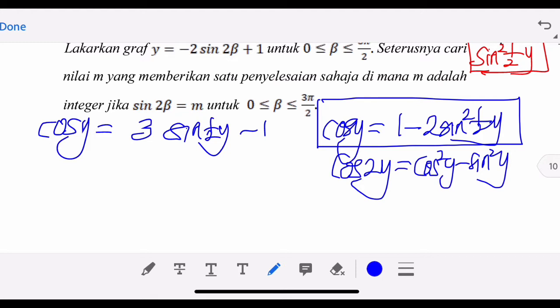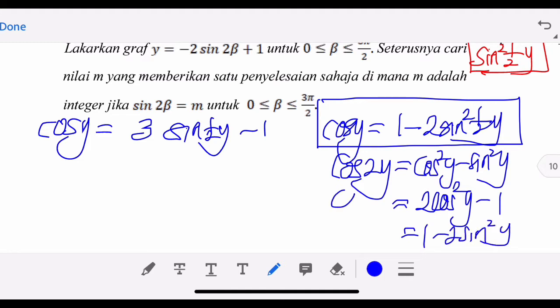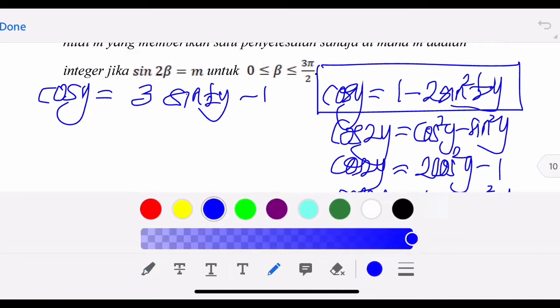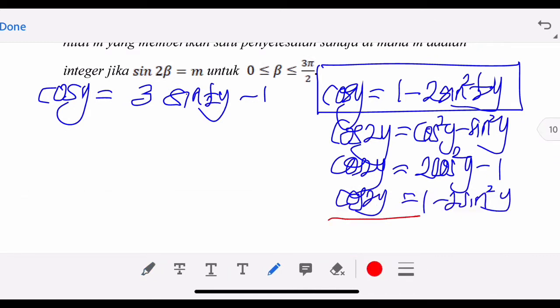So you have this formula, cos 2y equal to cos square y minus sine square y, or 2 cos square y minus 1, or 1 minus 2 sine square y. As I mentioned, you just divide by 2 for all the terms. So you will get cos y is equal to 1 minus 2 sine square half y.